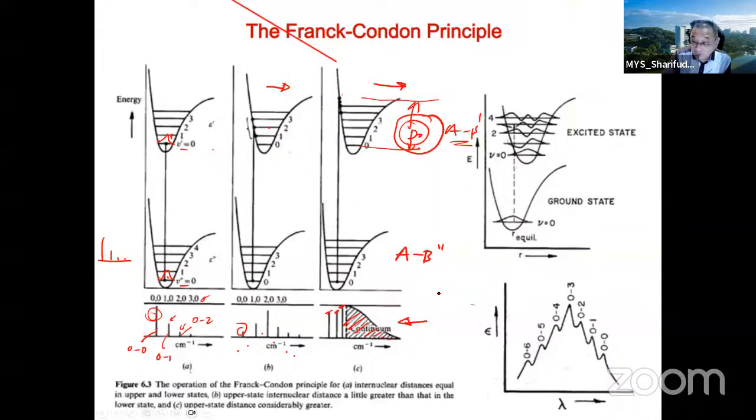For a diatomic molecule, or even for a polyatomic molecule, when you run a spectrum, you will probably see progressions like this. So it goes from 0,0, 0,1, 0,2, 0,3, 0,4, 0,5, 0,6, right?